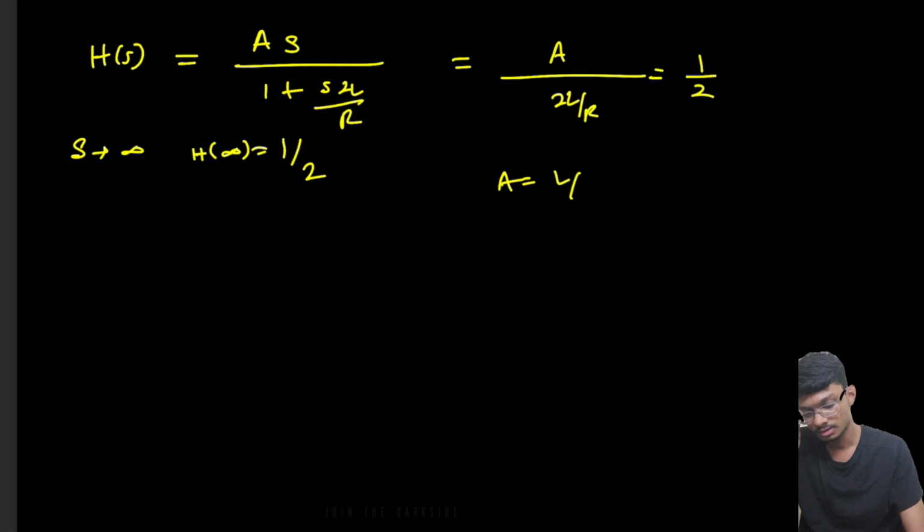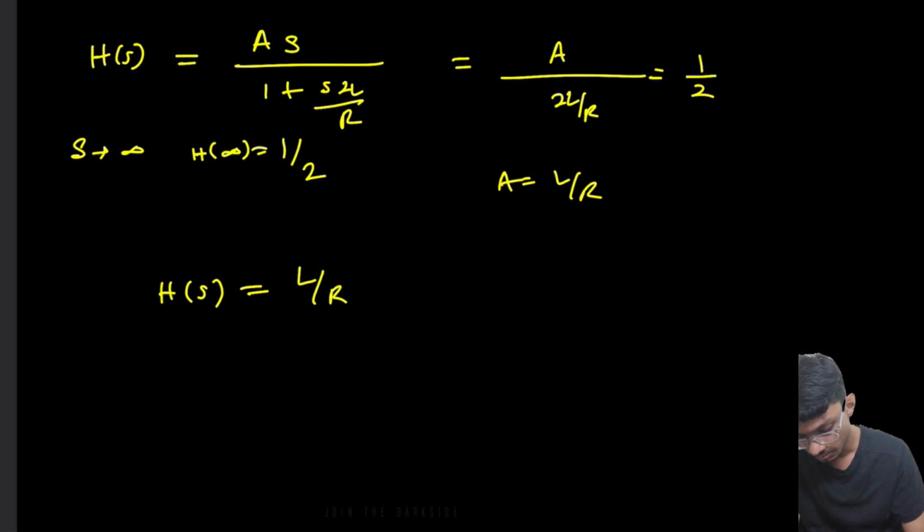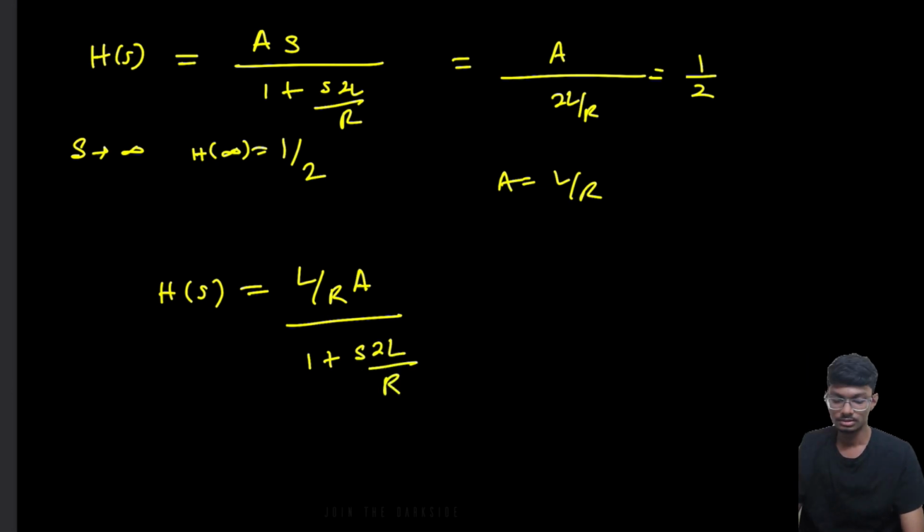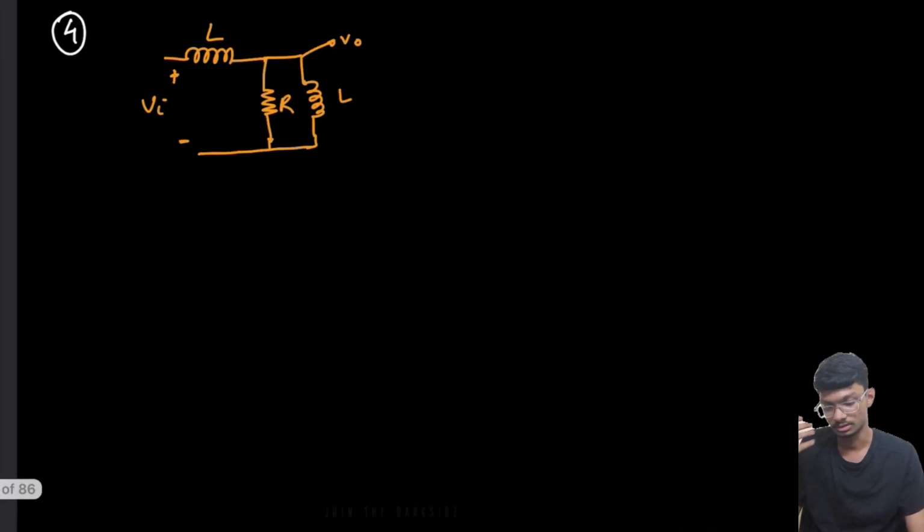So A equals L by R. So what is the transfer function? The transfer function is L by R times A divided by 1 plus s 2L by R. Sorry, this A is basically the value times s. This is the transfer function for this given circuit.